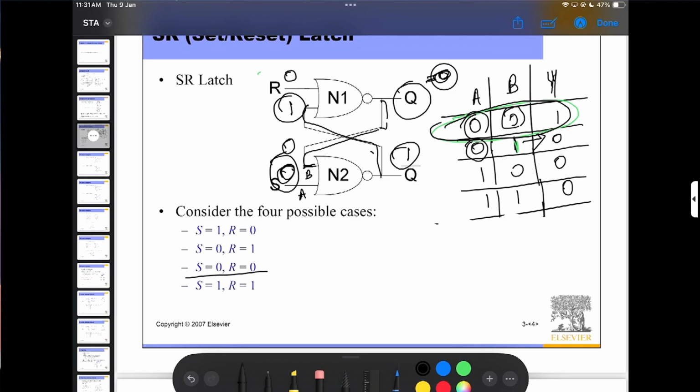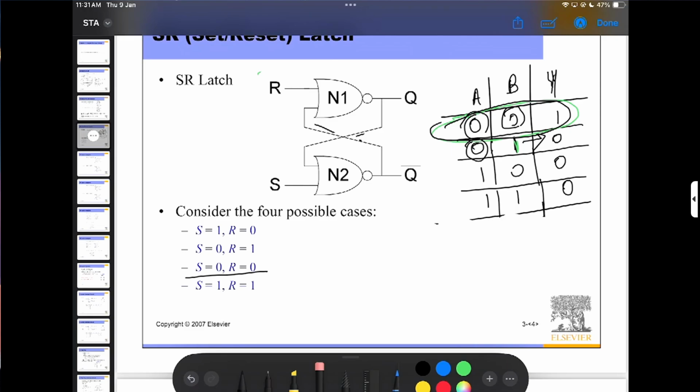Suppose my output is here 1 and here is 0, and my S and R both are 0. So I assume that Q is 1, so this Q goes to here, means here is 1, and this 0 and this 1 give me the output.